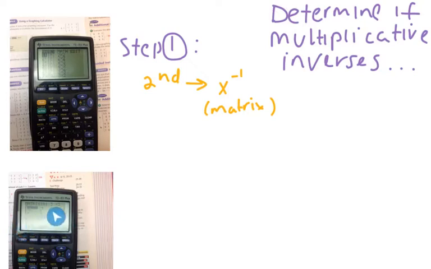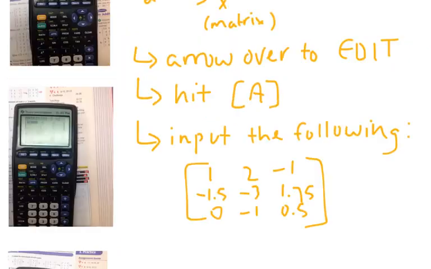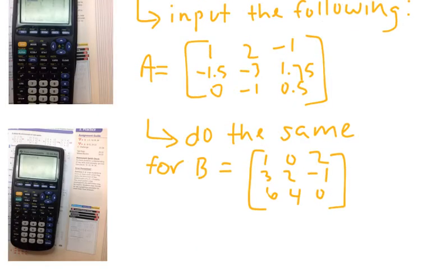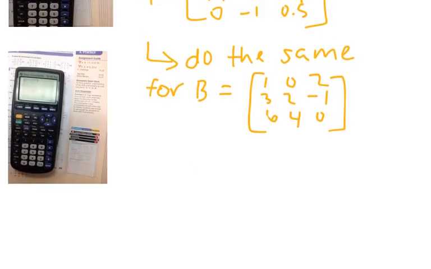You can actually change this 3x3 to any dimension you would like, and then hit the arrow button down and change your data. Please input this information here for this matrix. Once you do that, do the same thing for matrix B.